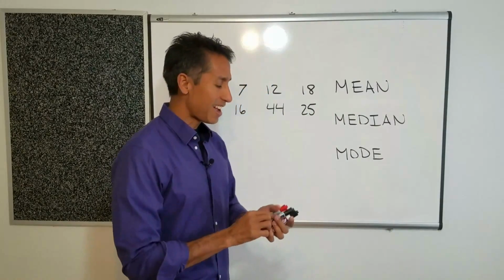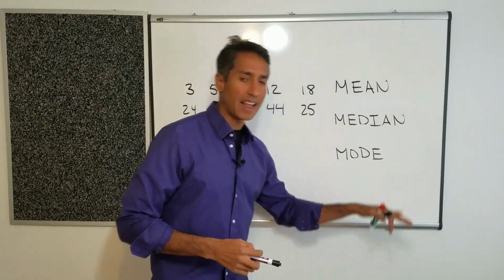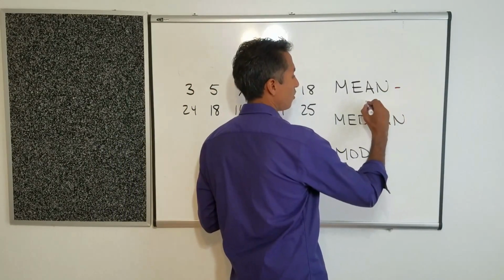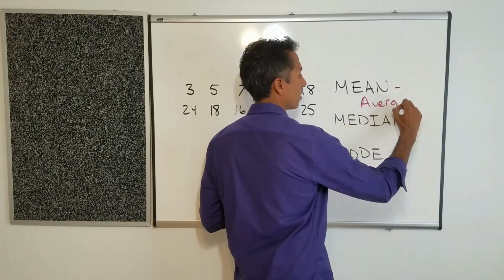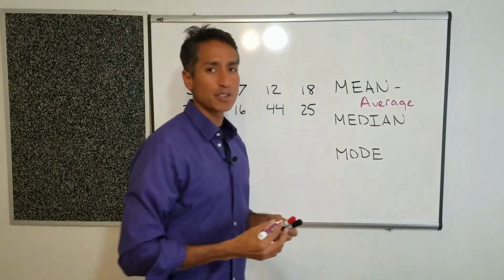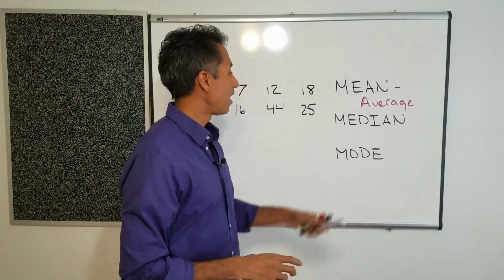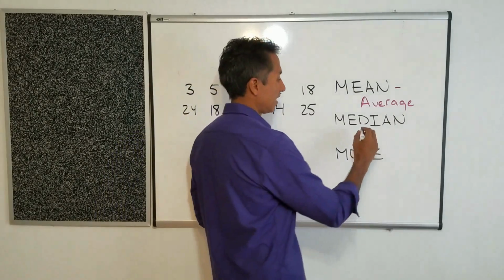All right, let me just write down what these things mean and then we'll get into the information over here. So mean is also known as the average. It's kind of like, if you took all these numbers, what is the average of all these numbers? Then we have the median.